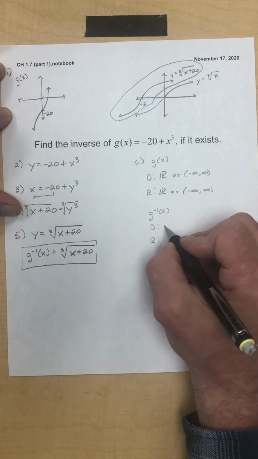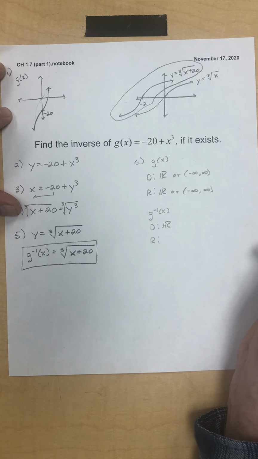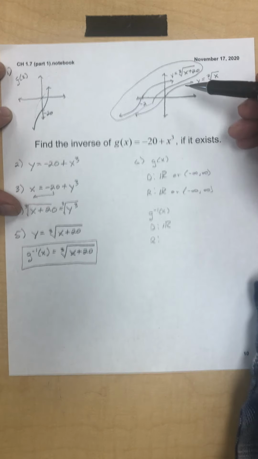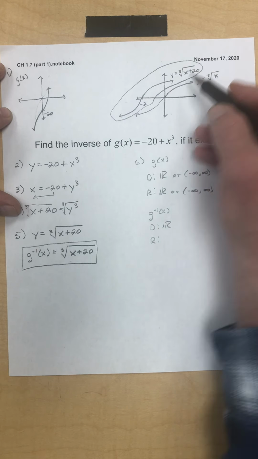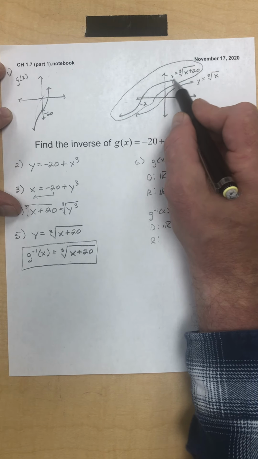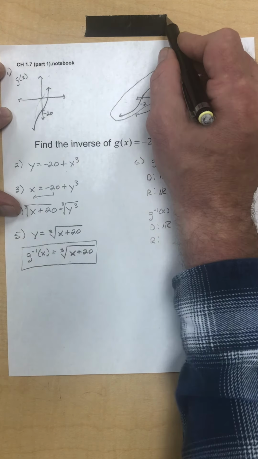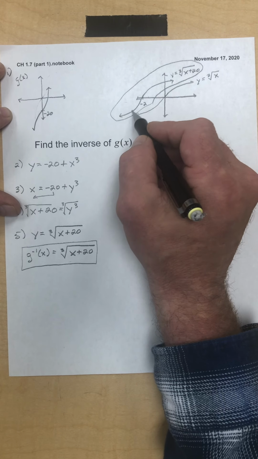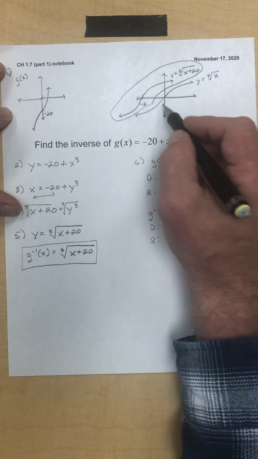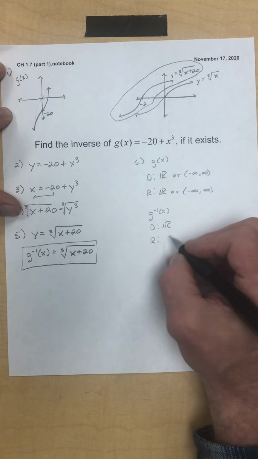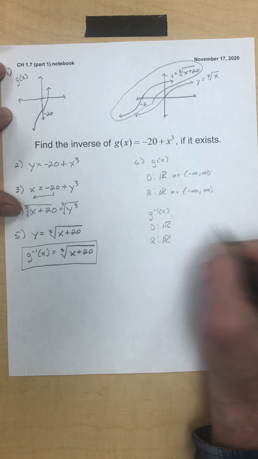So notice it goes the set of all reals. And then if we look along our y-axis, well, this guy keeps going, so he's going to keep increasing, so it's going to keep going up towards positive infinity, and this guy will keep going and keep decreasing, so it goes down to negative infinity. So again, it's a set of all reals.